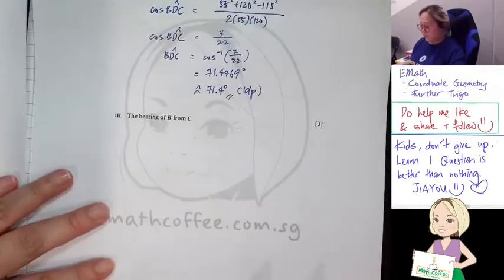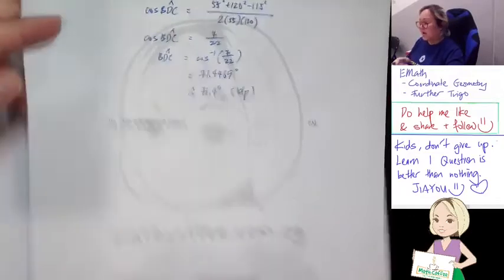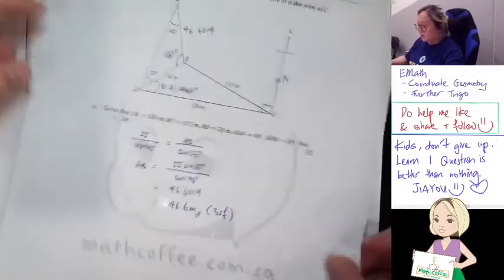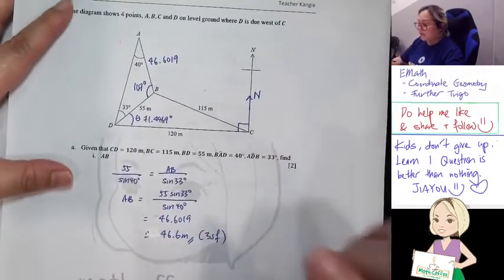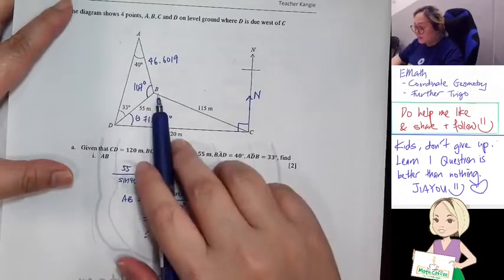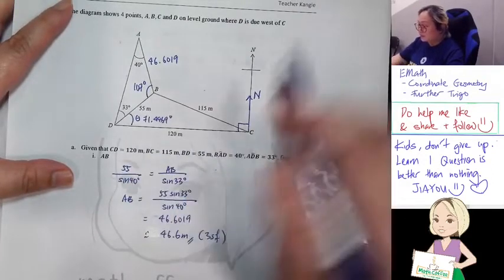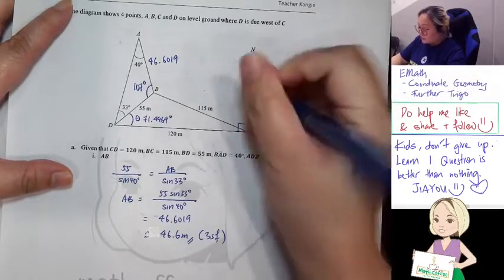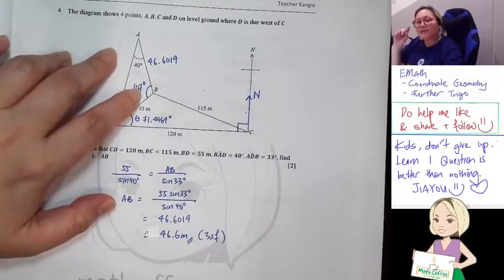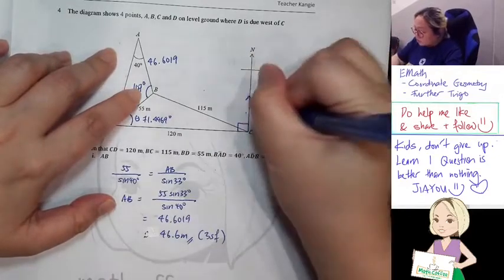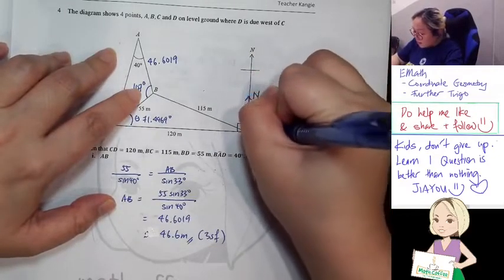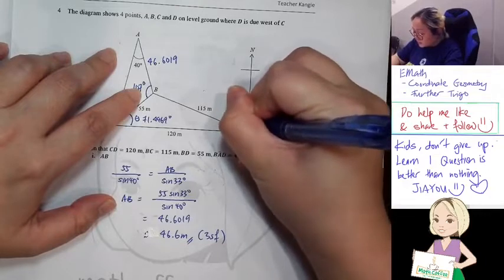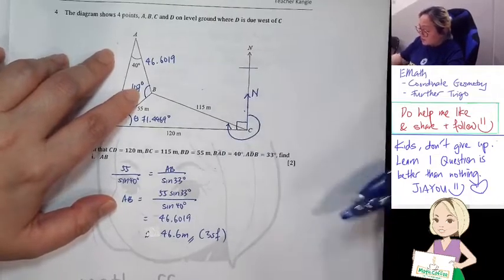The bearing of B from C. C, I already put the North Pole. Let's go and find the length BC. Oh, the length BC is here. So actually, they want the bearing. But take note, bearing is clockwise. So that means from here, clockwise to the line BC. So this is the bearing that they want.